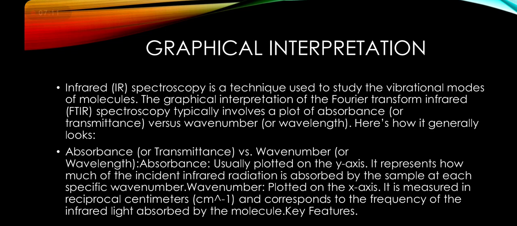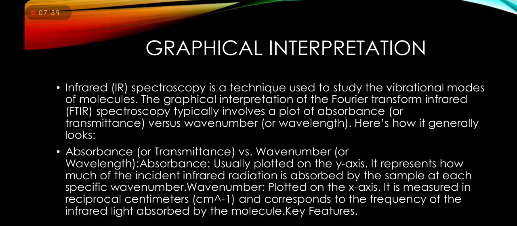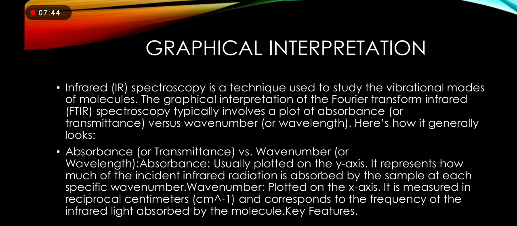Infrared spectroscopy is a technique used to study the vibrational modes of molecules. The graphical interpretation of Fourier transform infrared spectroscopy typically uses a plot of absorbance or transmittance against wave number or wavelength. Here is how it generally looks. Absorbance is usually plotted on the y-axis.